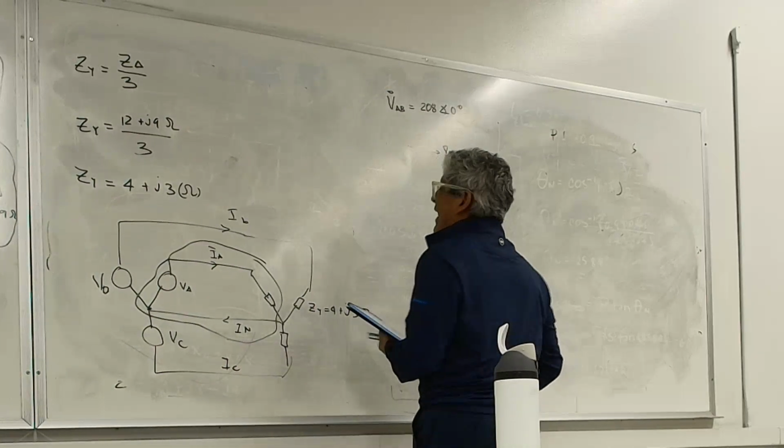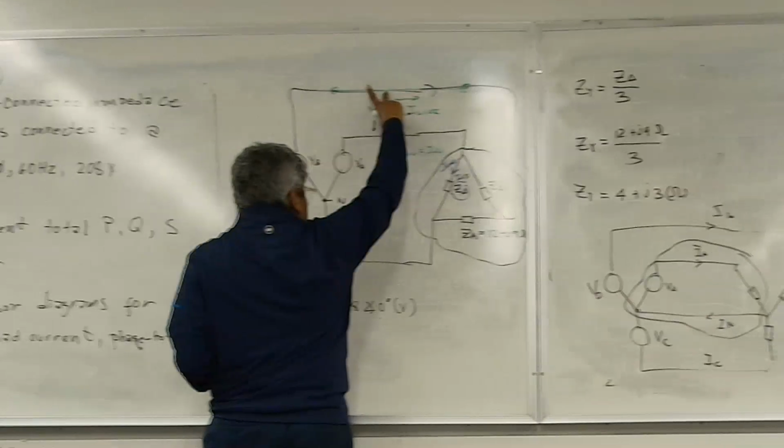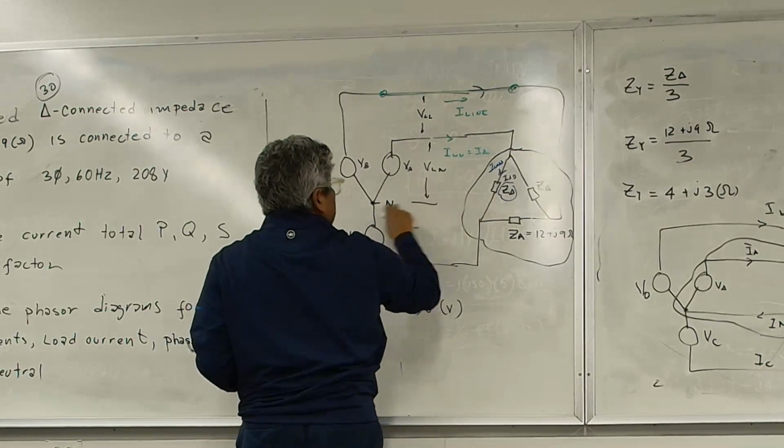I know the voltage between the two wires. I want to know what the voltage is between one of the wires and the neutral point.